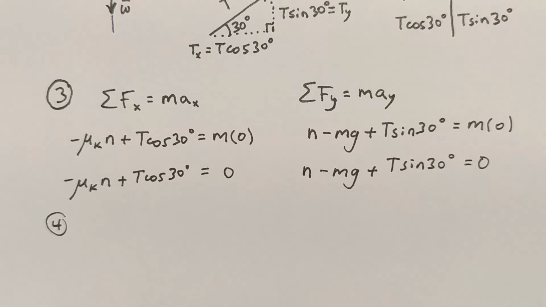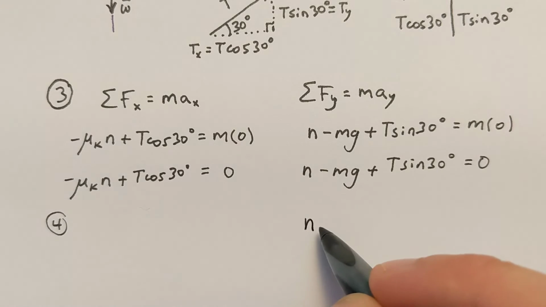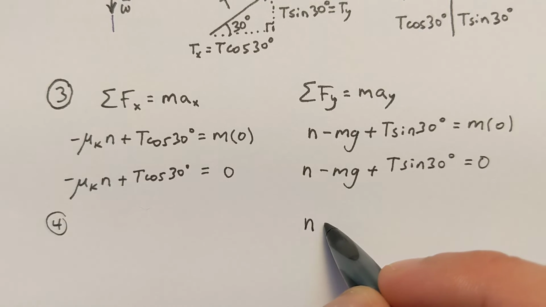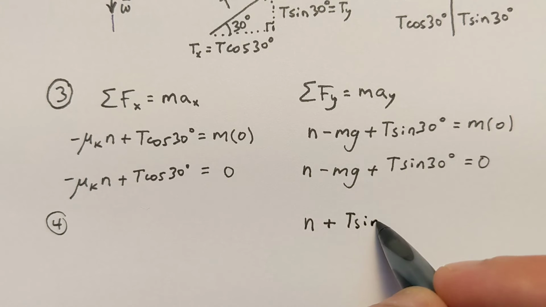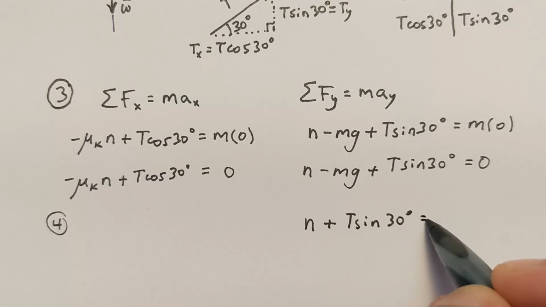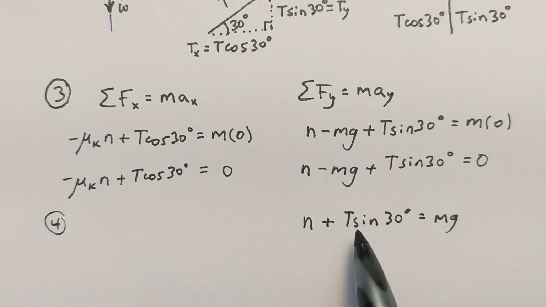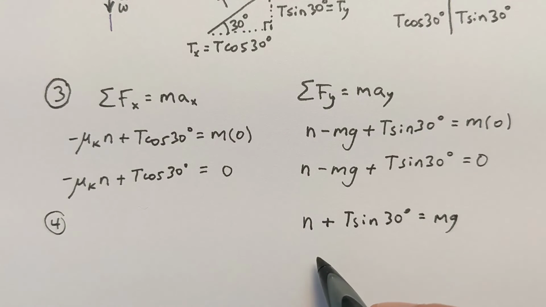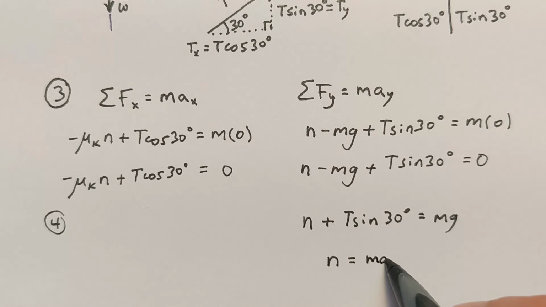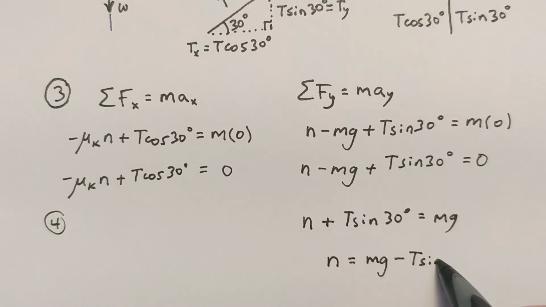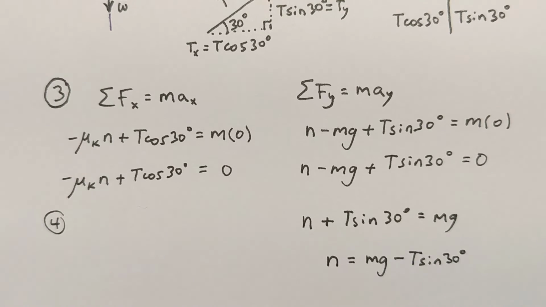I'll add mg on both sides of this equation, so normal plus t sine 30 equals mg. And then let me subtract both sides of the equation by t sine 30 to get normal by itself. And then I'll go ahead and substitute that into my other equation.